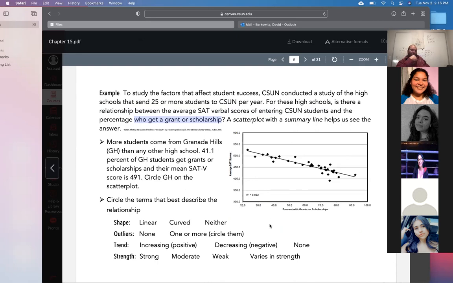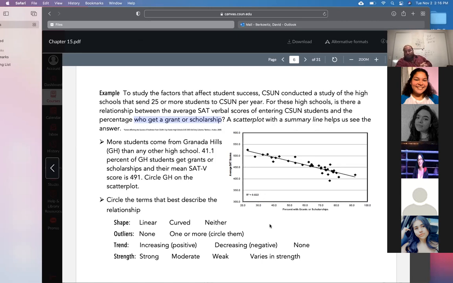Was that correct, or is it more likely that it should go in the other direction? Should it have been average SAT scores on the x-axis with percent on the y-axis? Did they do it correct the way they did it? Could it have gone either way? Is neither one better? Does it not matter?